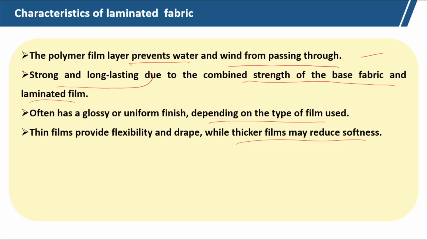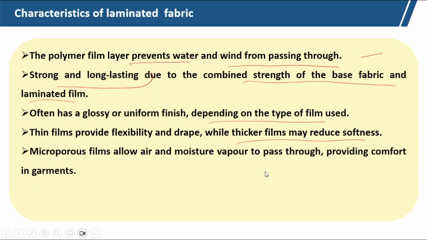Thin film is normally used for apparel purposes, and thicker film where other technical applications are there, like tents and different applications, where we may need a little bit thicker film and softness does not matter too much. Microporous films are used to allow moisture vapor or air to pass through, providing comfort in garments. For garment applications, as I have mentioned, these microporous films are used.